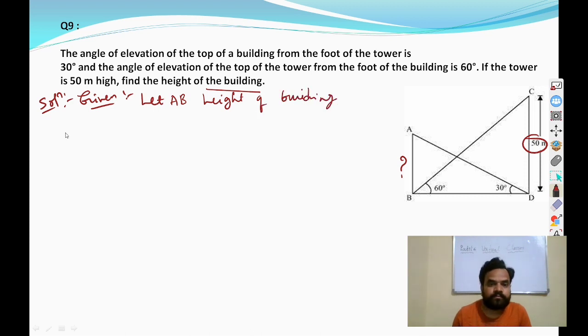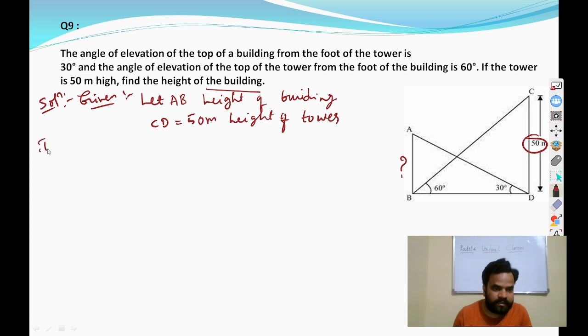Then I will take CD equals 50 meters. This is the height of the tower. In the first case, I will take theta as 60 degrees and 30 degrees.